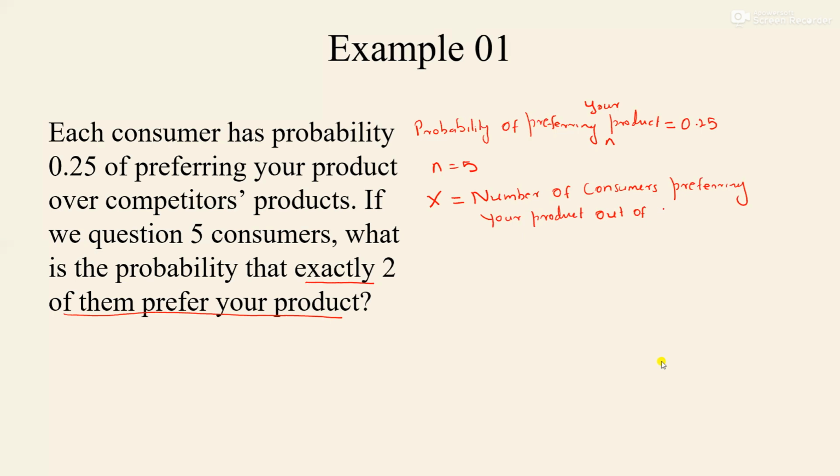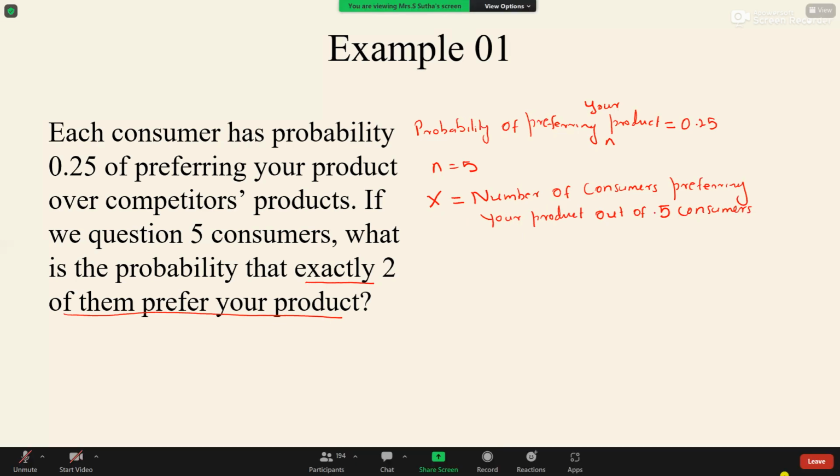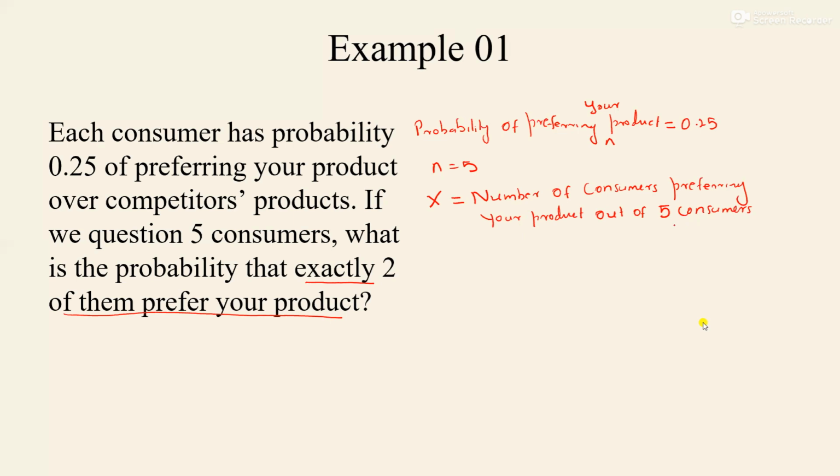Out of 5 consumers. In such a manner, you also have to define it, right? X is the number of consumers preferring your product out of 5 consumers. Out of 5, how many consumers are preferring your product? So this is the probability of preferring your product.